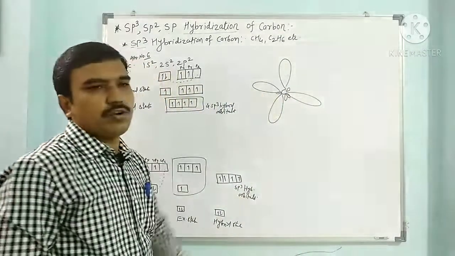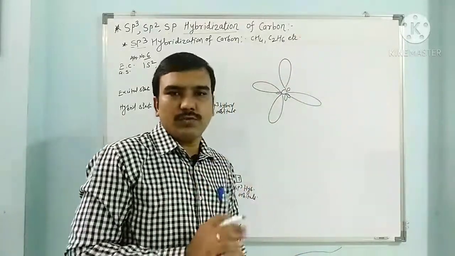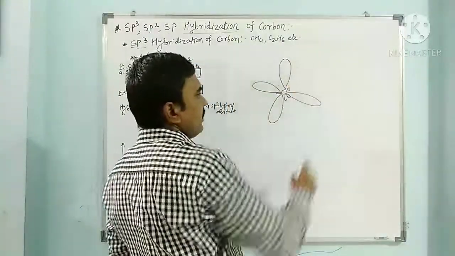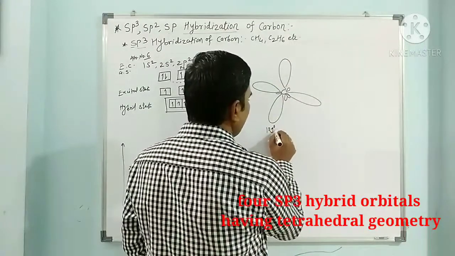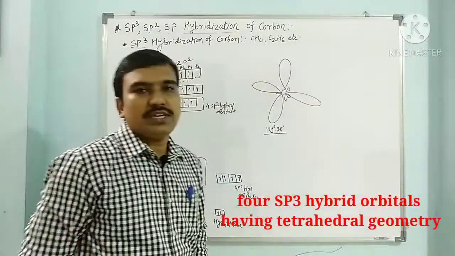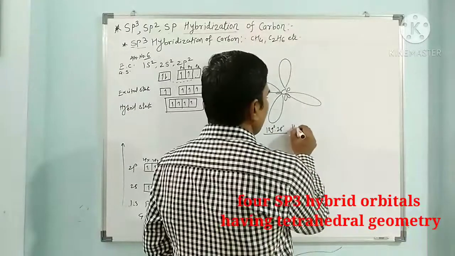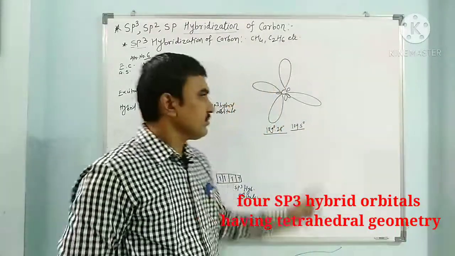In this way these are the 4 orbitals, and they are equidistant from each other. The bond angle between these 4 orbitals is 109 degrees 28 minutes, or simply 109.5 degrees.